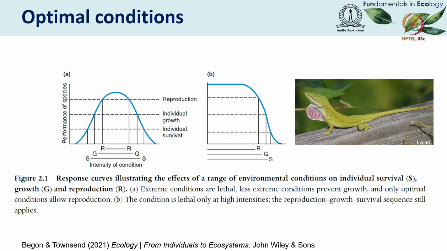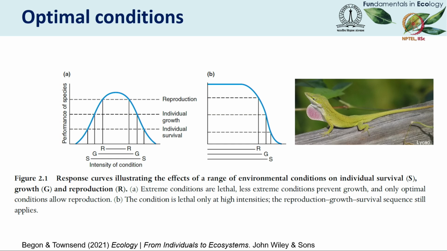So here is an environmental condition, it could be anything, just hypothetically we're saying this is temperature, where a species can survive from one temperature extreme to another, but it might not be able to grow and reproduce in some part of the range in which it's surviving.